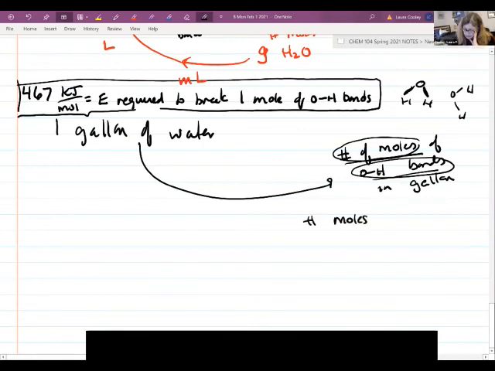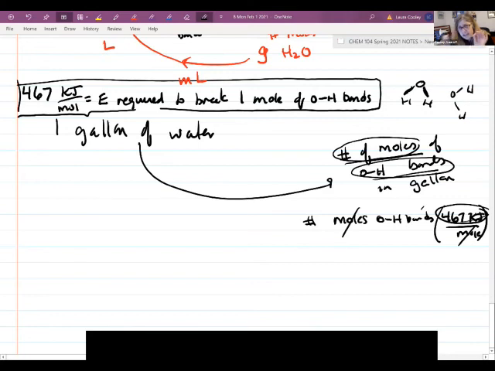Right, I'll take the number of moles of OH bonds and multiply it by 467 kilojoules per mole. The moles will cancel, and I'll end up with kilojoules. So that's really the last step in this process. So how are we going to go from a gallon of water to moles of OH bonds? Well, I give you some other information in here.